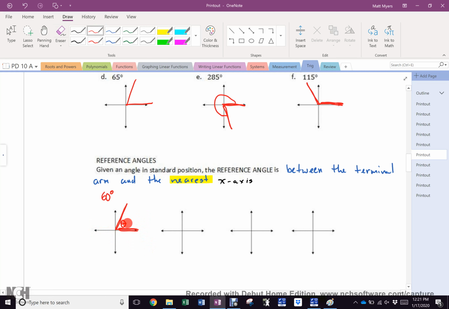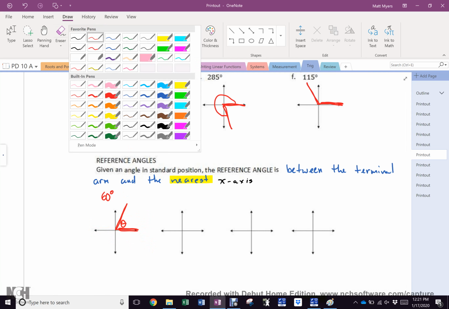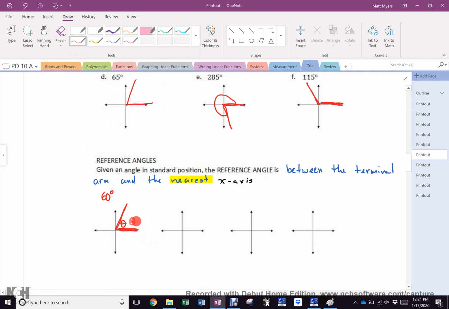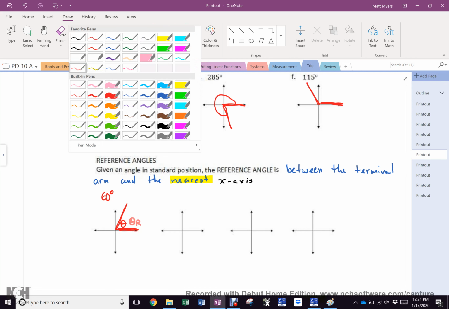But it's also, and I'll change shades of red to a pink, it is also theta r, reference angle. Everybody cool? In the first quadrant, it doesn't make any difference. They're the same thing. But you'll see what happens in the second quadrant. Now somebody give me an angle that would be in the second quadrant.